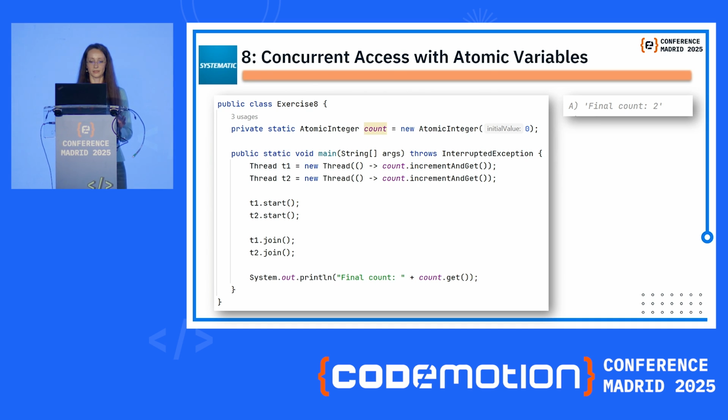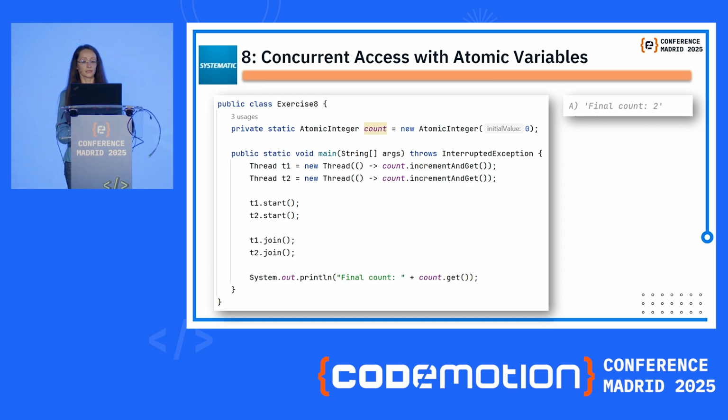And time's up. I'll reveal the correct answer, and that is A. And indeed, most of you selected the right one, but I see that some of you also selected 1, 0, and an error. Well, I did mention that atomic integer allows thread-safe operations, and that method, increment and get, that I have used over there, is one of them. So it works in this specific case.